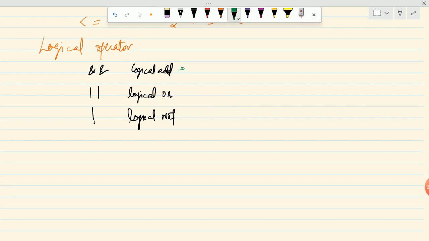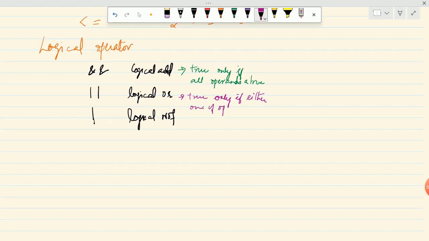Logical AND is true only if all the operands are true. Logical OR is true only if either one of the operands is true.